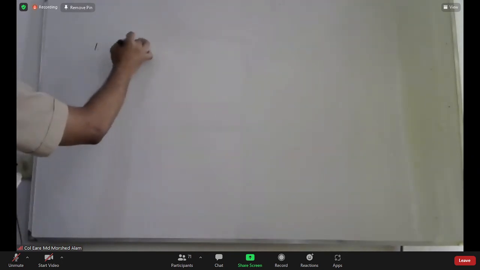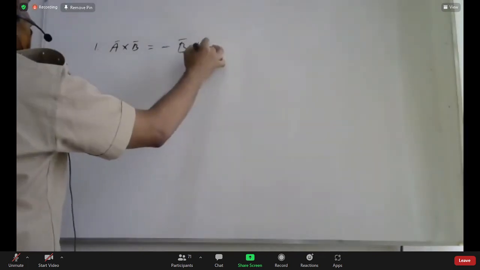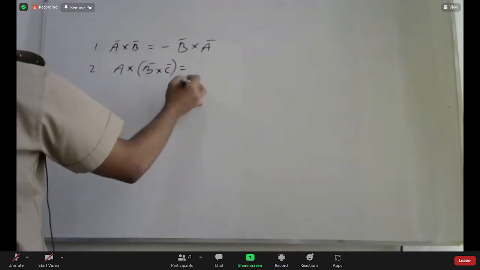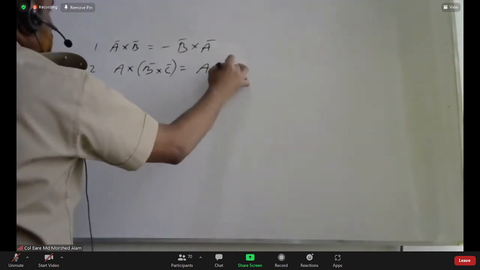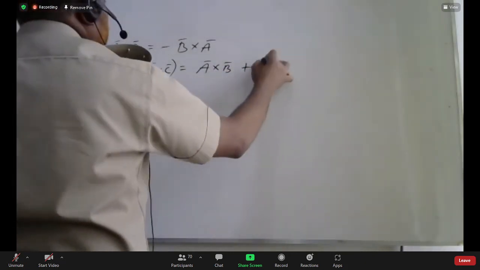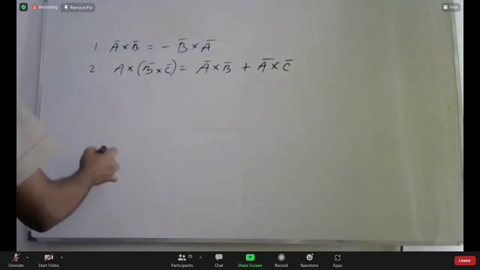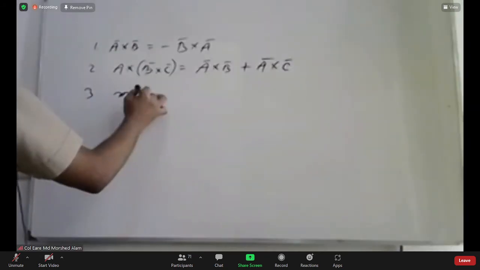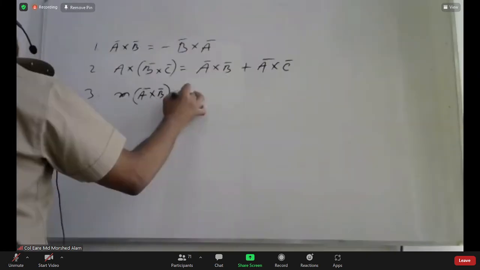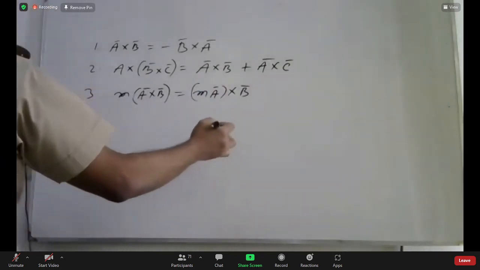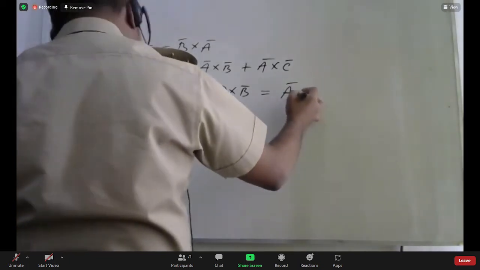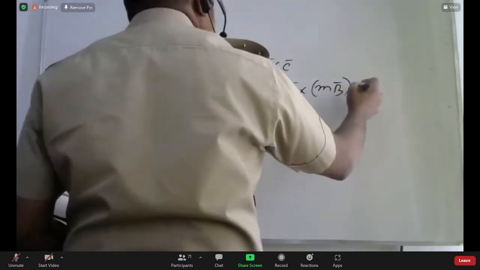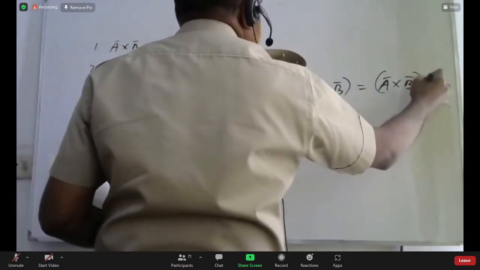A cross B is equal to minus B cross A. A cross (B plus C) is equal to A cross B plus A cross C. Then m times (A cross B) is equal to mA cross B, is equal to A cross mB, is equal to (A cross B) times m. These are the things valid.